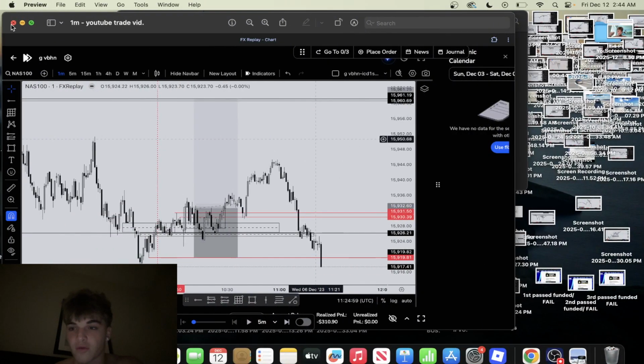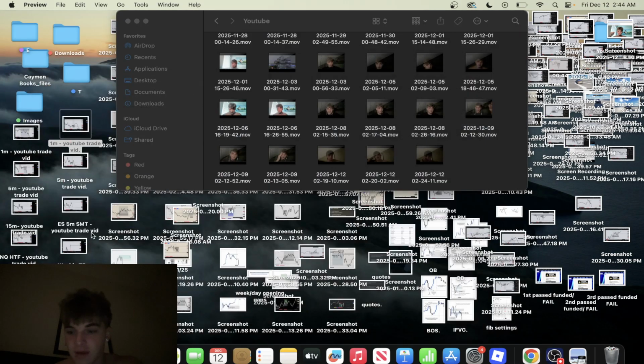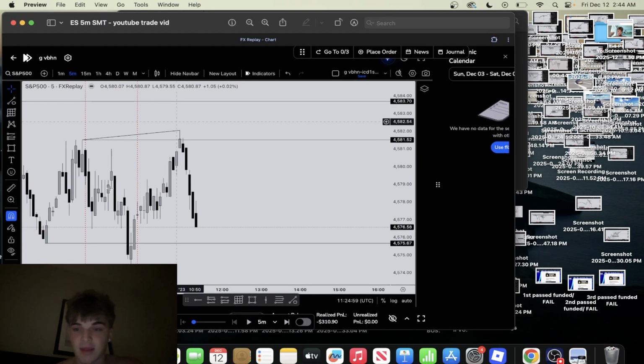So I'm going to show y'all real quick. As you can see here, nothing hit, nothing hit. And then we go to ES. ES came up, took out these draws. They weren't relatively equal on ES, but it came out and took out this first draw before NQ could have, which made a high time frame SMT.